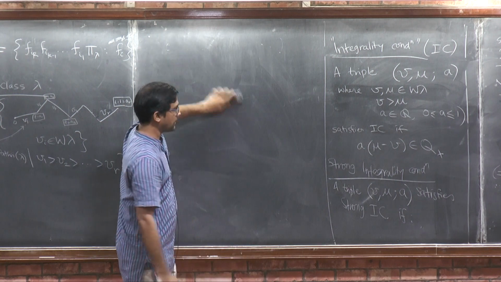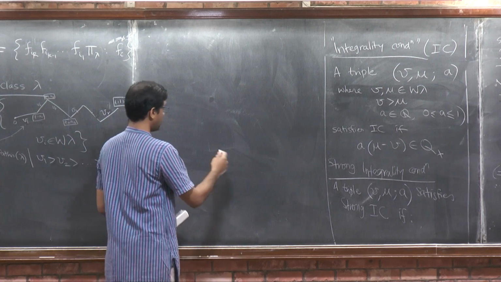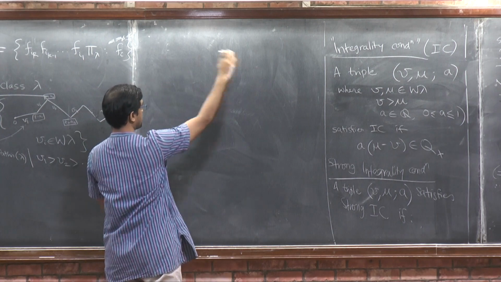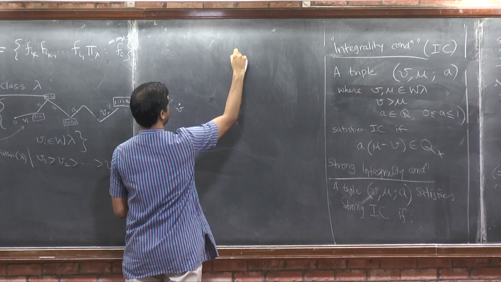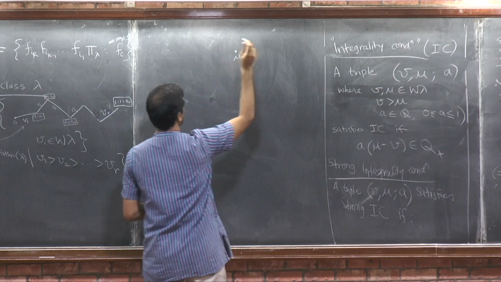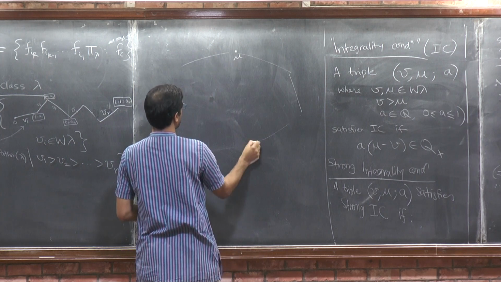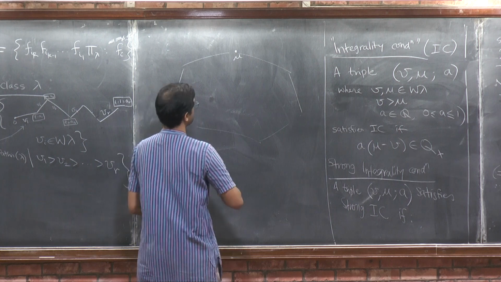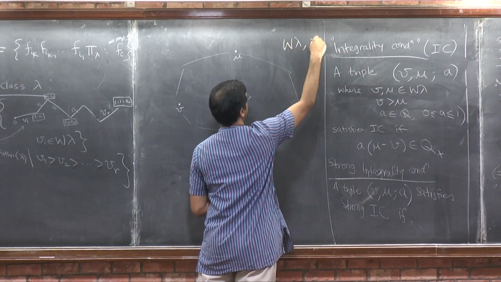So what does integrality say? I have nu and mu. If you remember that diagram, here's nu and here's mu. Imagine all this is in that hexagonal diagram that I drew, or more generally, we might be in some other one. So this is a diagram of W lambda with that partial order.